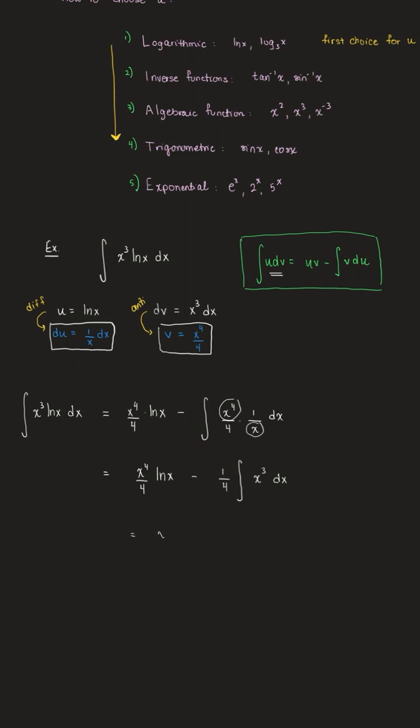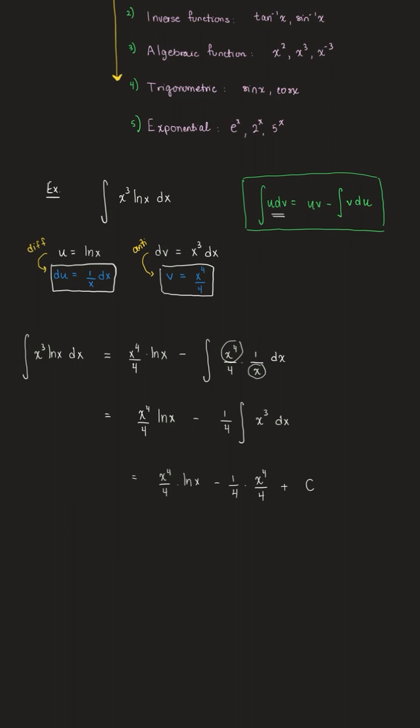And now we have x to the 4 over 4 times the natural log of x, and we can integrate x to the 3rd. In fact, we've already done that. Going from dv to v, that's x to the 4 over 4. And because this is an indefinite integral, this is going to be a plus c.